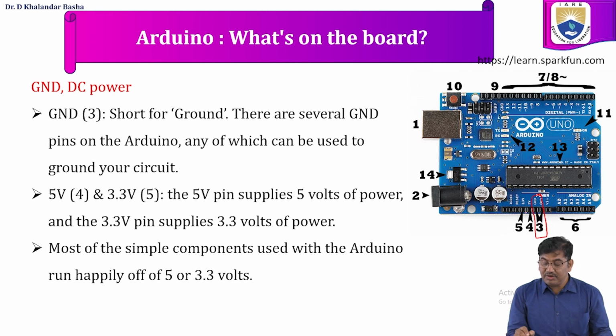Whereas the DC power supplies are 5 volts and 3.3 volts. The label 4 is for a 5 volt supply, and the label 5 is for the 3.3 volt power supply. Most of the simple components used with the Arduino run happily on a 3.3 volt or 5 volt supply.